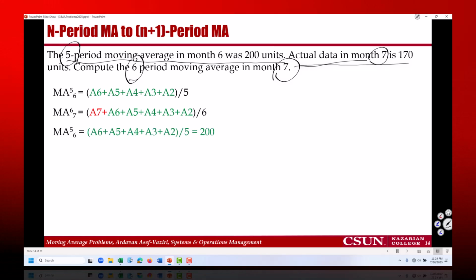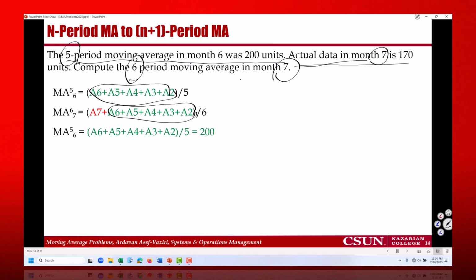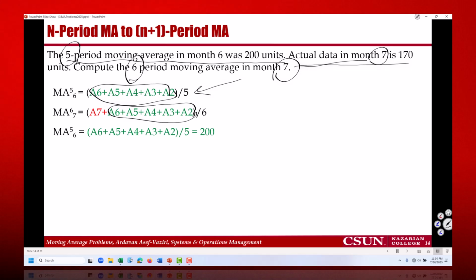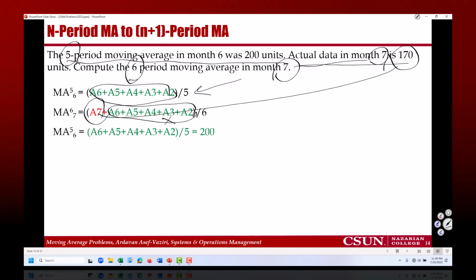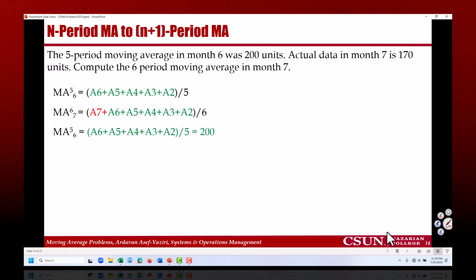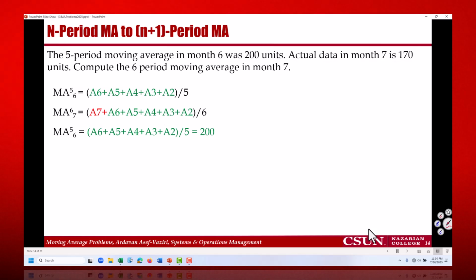We know that this part is common in both. So if I can use this equation and find these numbers, I can place it here, and then I have this one, which is over there, and then I can compute what I need. So I know the 5-period moving average is equal to 200.